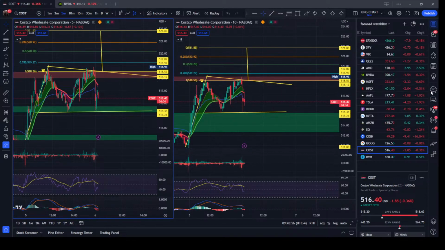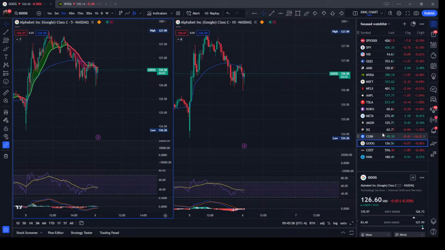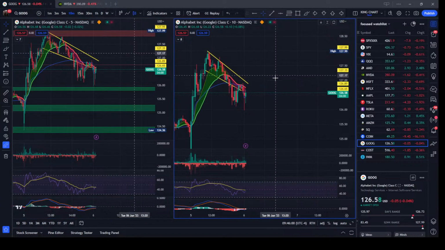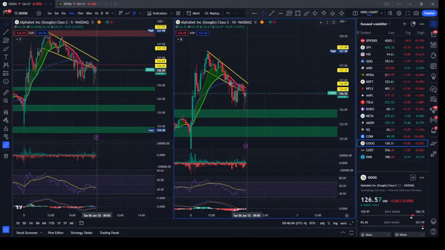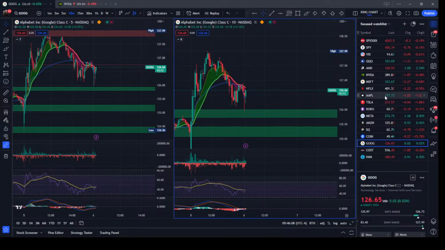Costco rejecting. Not ready to break out yet, but we have an alert in case it does. Google initially had a bull flag there, kind of broke that pattern, so we're going to just get rid of that.